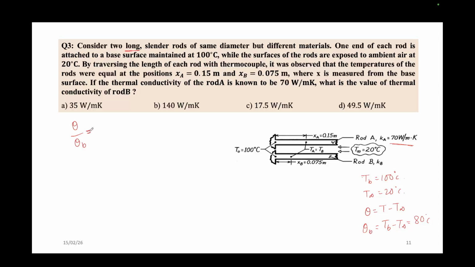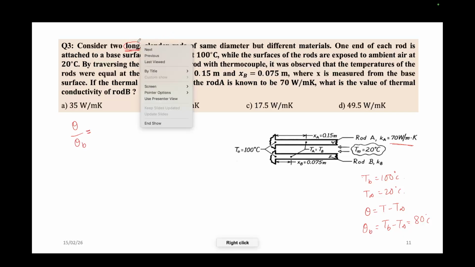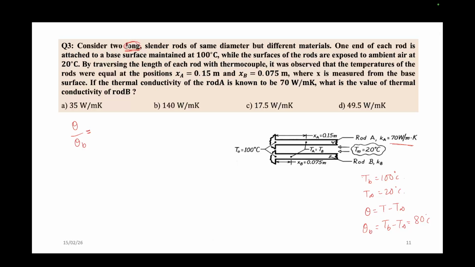Not in this question, nowhere is adiabatic mentioned. But a small hint, it is long. In that case, we have to consider it as infinitely long, because the length is not given. If the length is given, then we have to think of other scenarios. So that's why it is infinitely long.